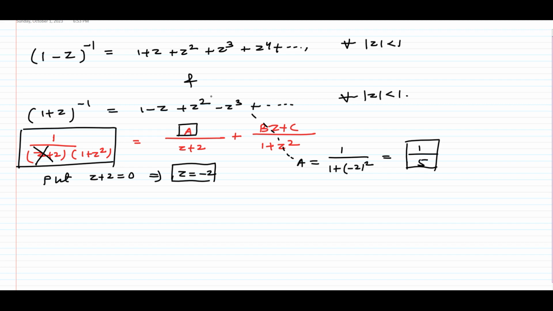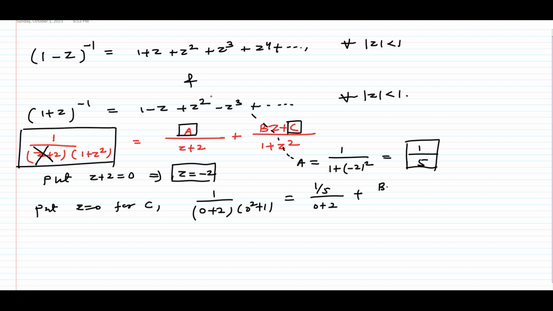So now for finding the value of c, we need to put z equal to 0. So if we put z equal to 0 in the whole term, we get 1 upon (0 plus 2)(0 square plus 1), with the value of a, that is 1 upon 5 upon 0 plus 2, plus b multiplied by 0 plus c over 1.